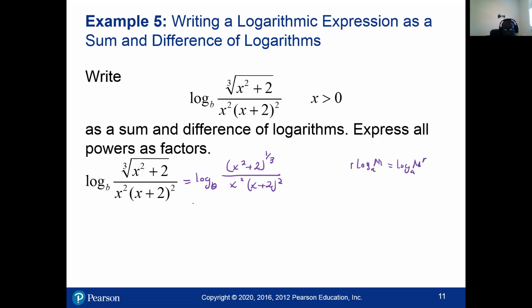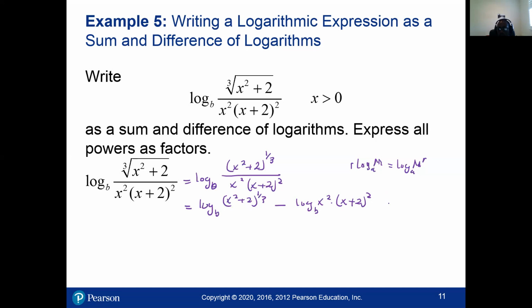Then we can use the quotient formula. When you have a quotient, it becomes the minus. So this becomes log of the numerator, x squared plus 2 raised to 1/3 base b, minus log of x squared times x plus 2 all squared, base b.